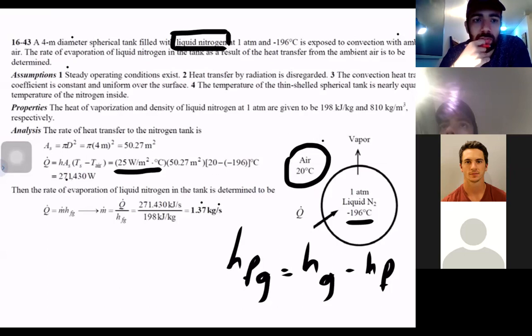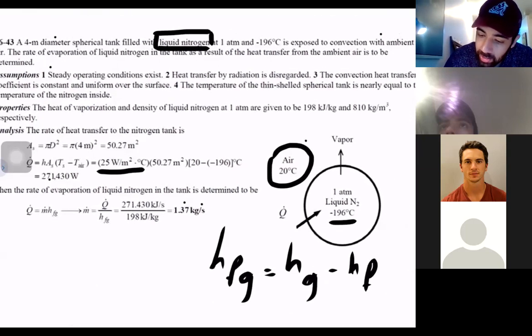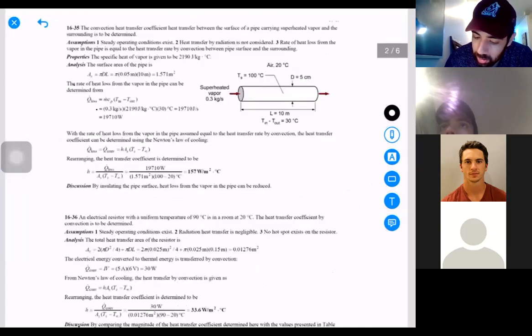When they are not giving us enough information, we use simple considerations and assumptions to make the question easier to solve, because we do not have any information for finding, for example, the temperature of the tank around the liquid. We do not have, for example, any information about how the heat is being transferred continuously from the boundaries of this tank to the inside liquid nitrogen.